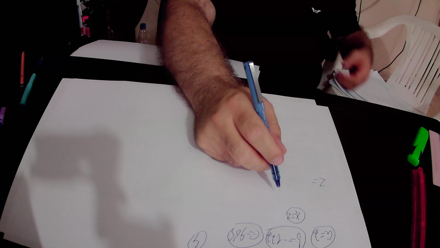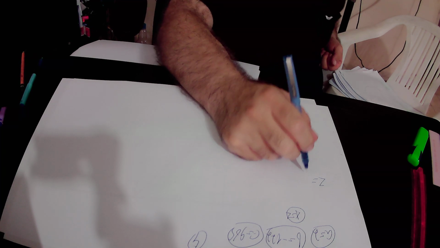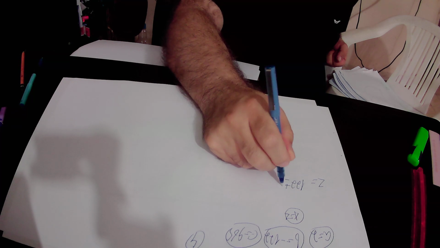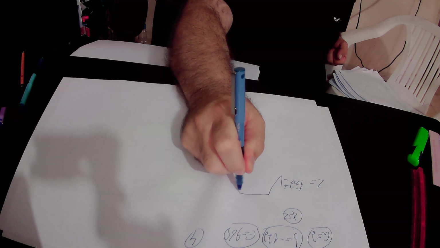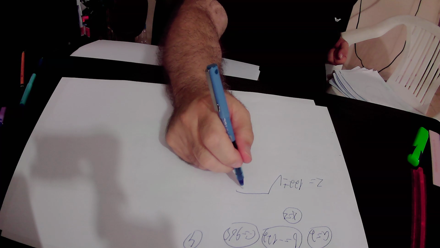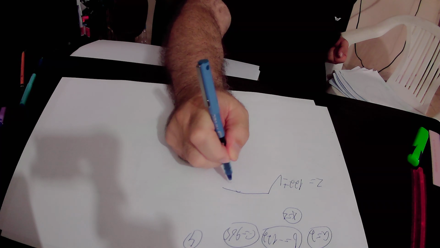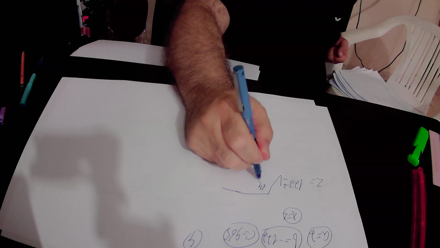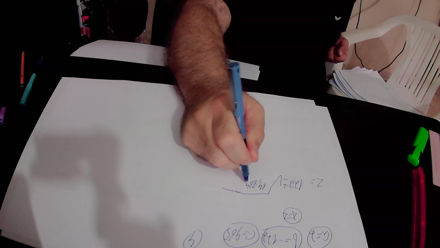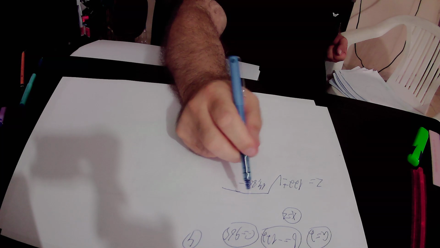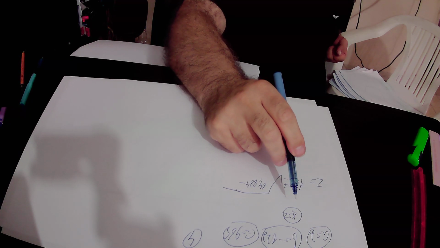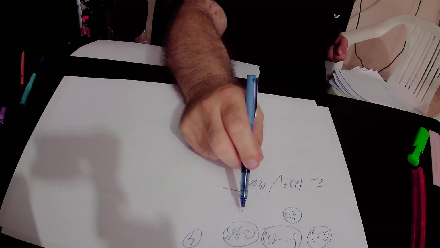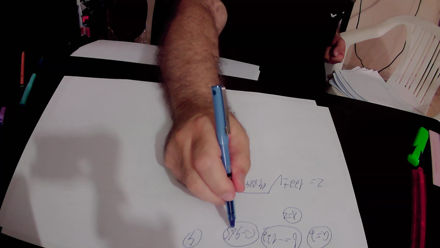b is minus 122, so minus b is minus 122, that is plus 122, plus or minus the square root of b squared. b is minus 122, therefore b squared is minus 122 squared, that is 14,884, minus 4 times a, which is 2, so minus 4 times 2 is minus 8, times c, that is 985.